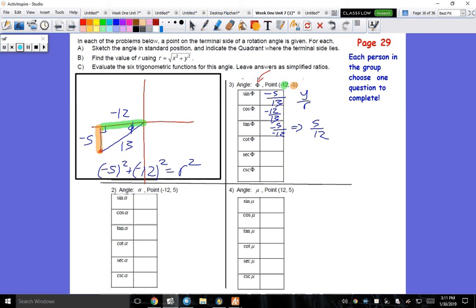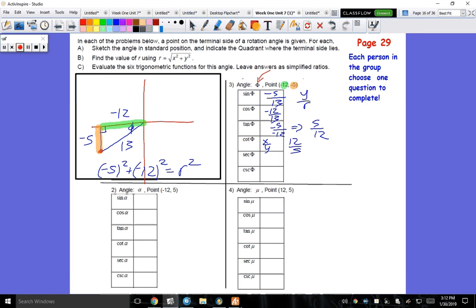Cotangent. Some people might think of cotangent as what over what? X over y. But what would I hope that you would think cotangent of? Not opposite. No, not that. But just the reciprocal of what? Tangent. So what's tangent? 5 over 12. So what's the reciprocal? 12 over 5.